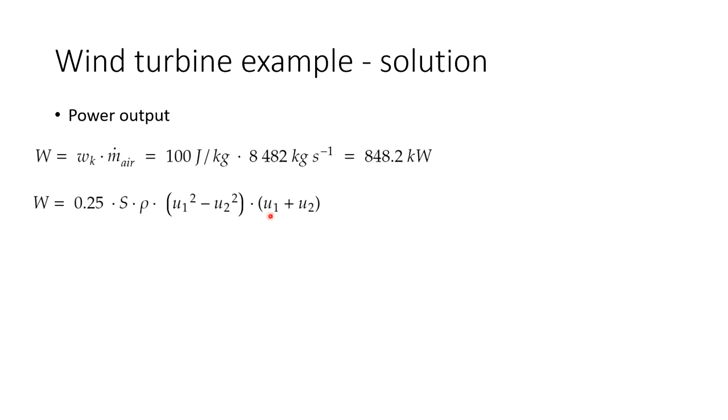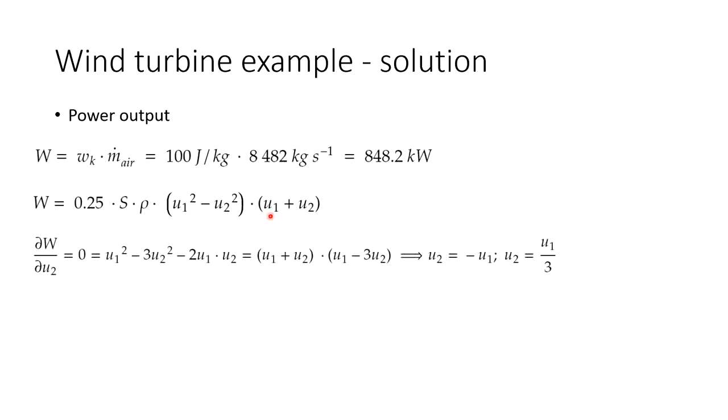And also we can use this formula and take the derivative of it, particularly the derivative of power with respect to the wind speed after the turbine, and if we put it equal to 0, we will get two roots of the resulting equation.